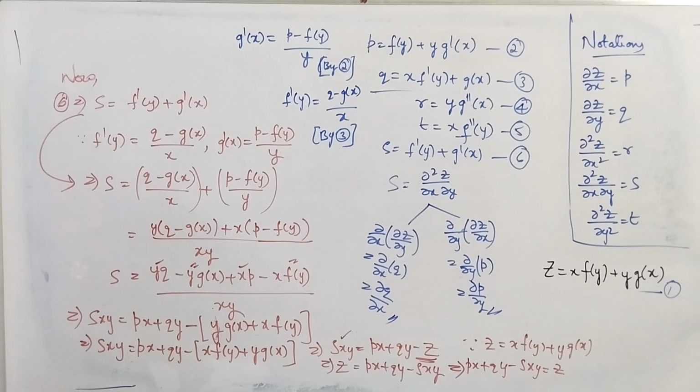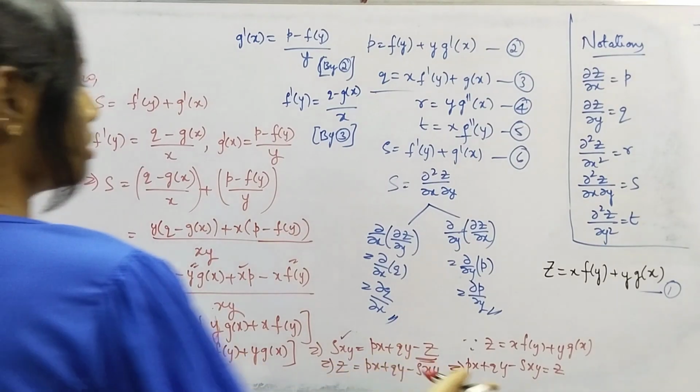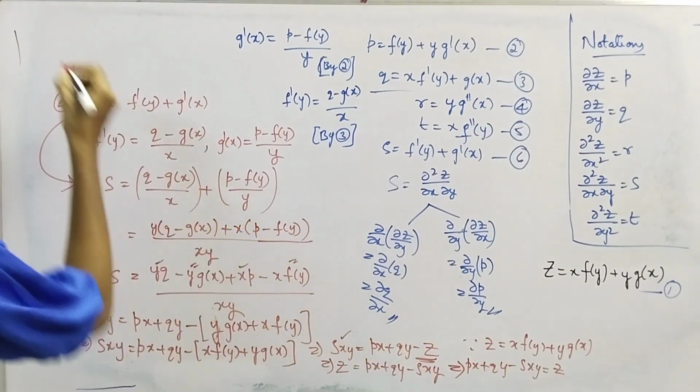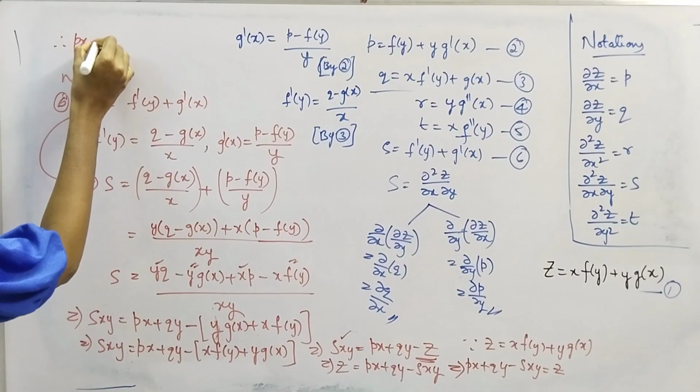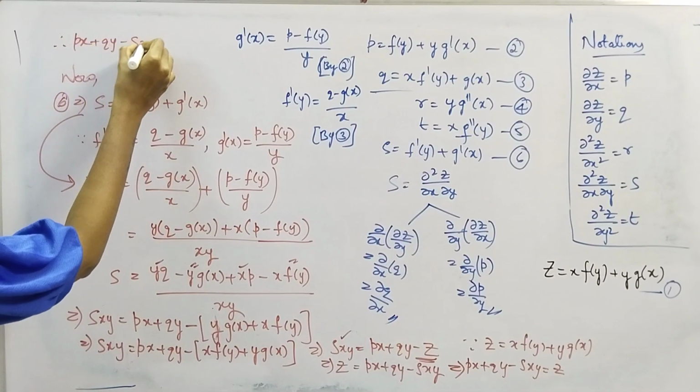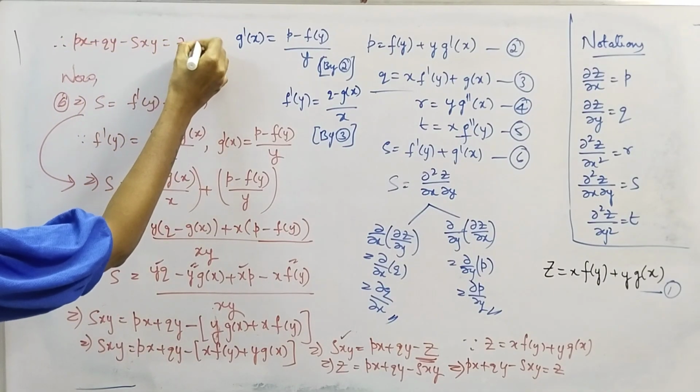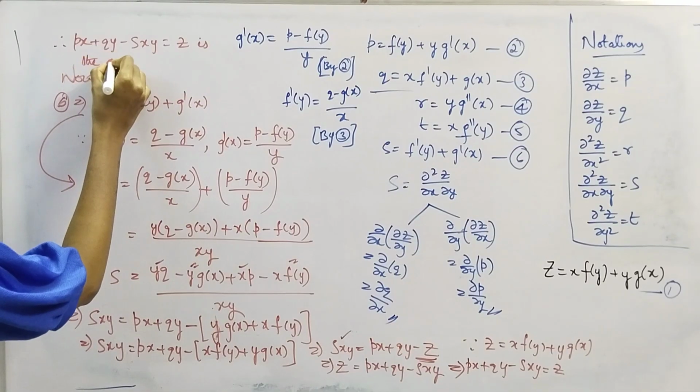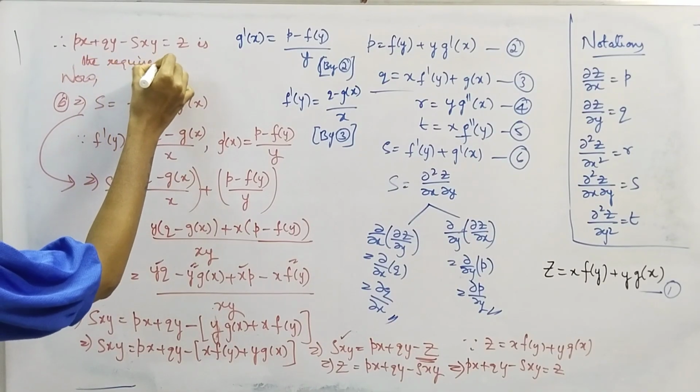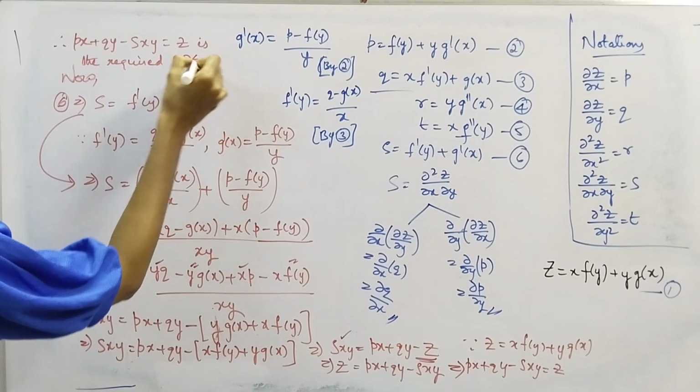Okay, the terms involving second derivatives are in the LHS part, and the terms that do not involve any second derivative are in the RHS part. Okay, therefore px plus qy minus sxy equal to z is the required partial differential equation. This completes the problem.